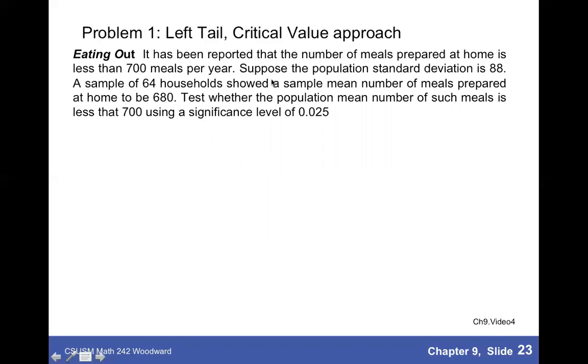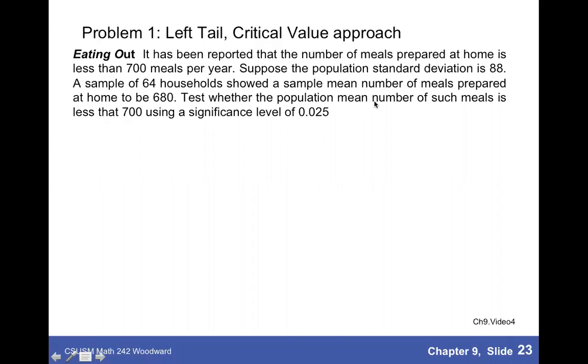They didn't give me the standard deviation, so I made one up. Now I want to test this and see if it's less than that. So I think maybe the number of meals prepared at home is less than 700. And I take a sample, 64, get 680 meals prepared at home as the average.